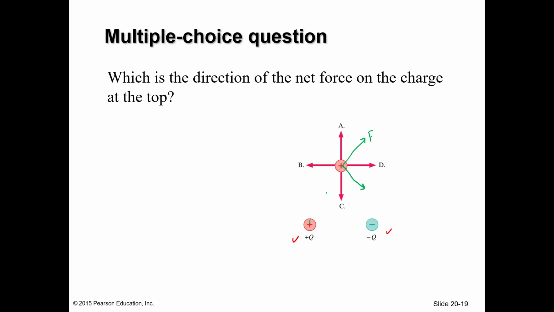So this is the force due to this positive charge, and this is the force due to this negative charge, and the net would be the vector sum of these two vectors. If you have two vectors, this vector and that vector, which way would be the sum? It cannot be up, it cannot be to the left, it cannot be down, it must be in between, right? So that's the net vector. So the net force on this one would be that.